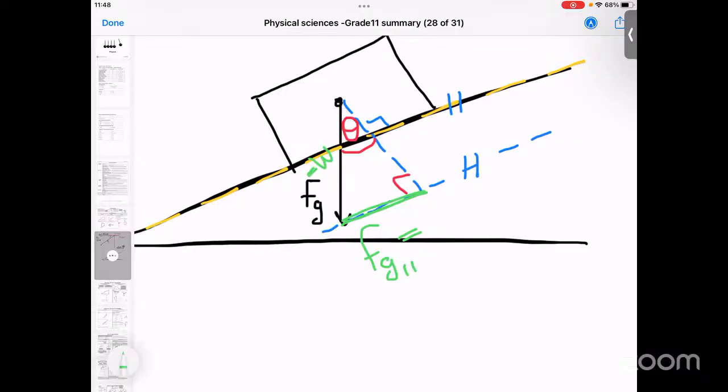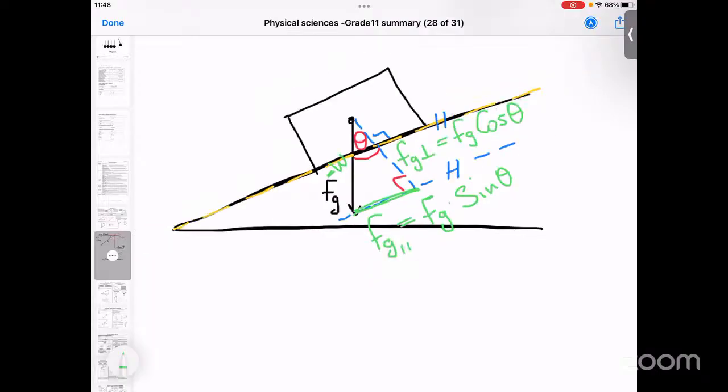So that means it is that weight, where you can say W or FG, multiplied by this side, the opposite. So that means it is the one which is sine of an angle. I hope that part makes sense. And then this other side, what is it? The FG component, which is perpendicular to the surface, it is the one which will be equal to that hypotenuse times cos of that reference angle.